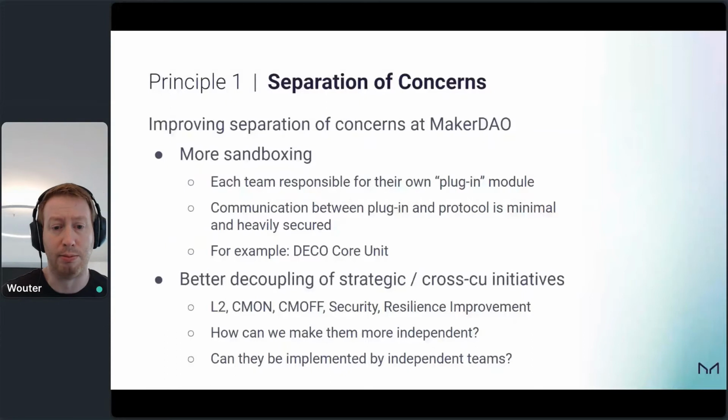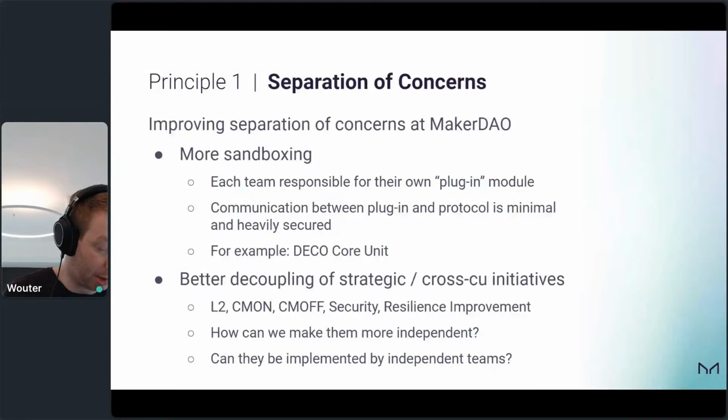Another one is our advocacy around cross-core unit initiatives. The DAO not so long ago was in a state where it was still possible for the same group of people to continuously discuss and share information about the entirety of the roadmap.